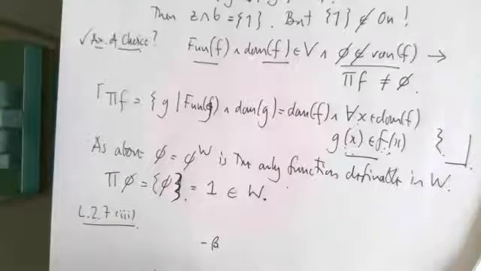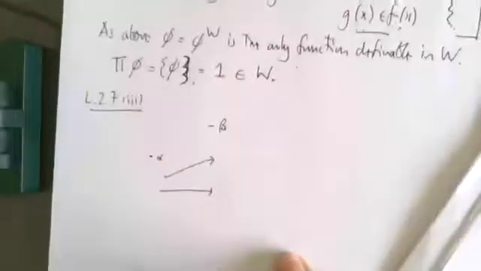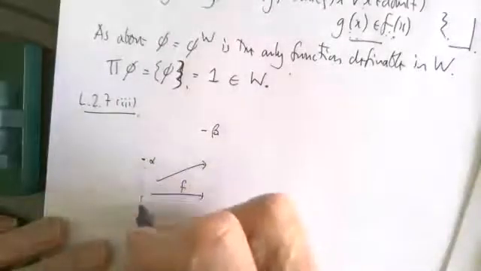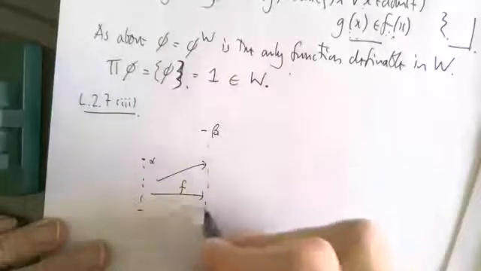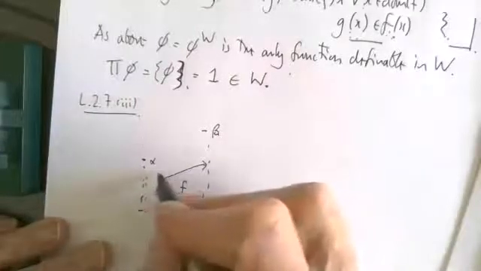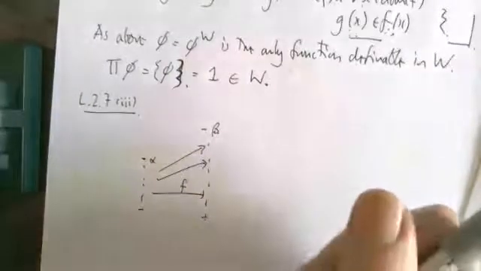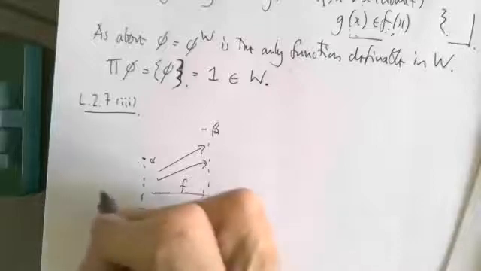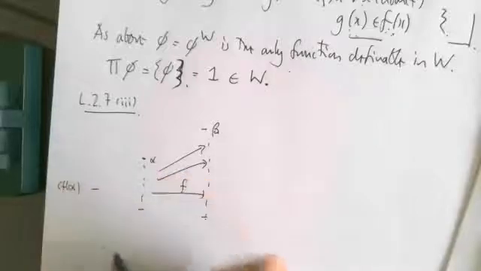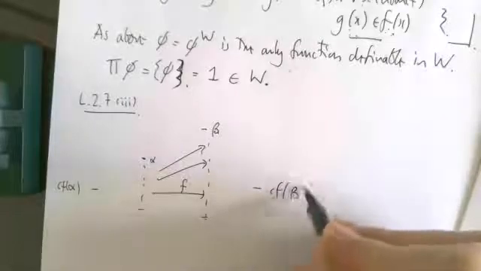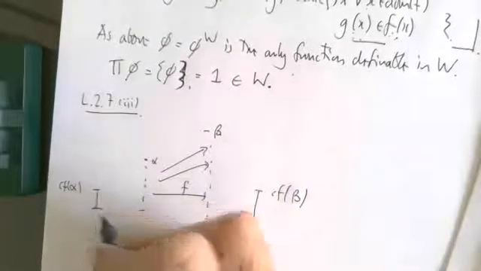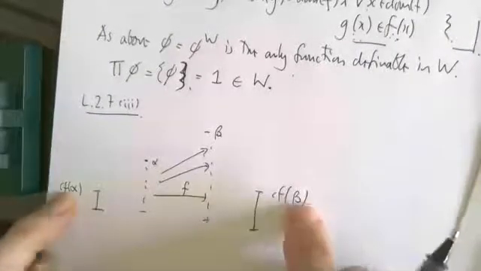I've got this cofinal map F. It's an increasing function, right? And we want to show the cofinality of alpha is the same as the cofinality of beta. So here's the cofinality of alpha, and here's the cofinality of beta. And these better be the same thing.